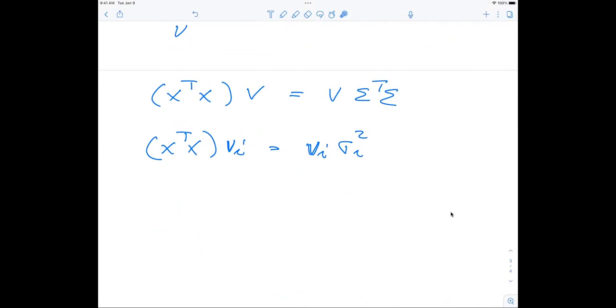Now, there's an interesting thing here. If you look at this problem, it means that the eigenvalues of X transpose times X are the singular values squared.